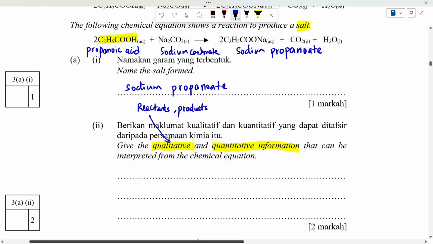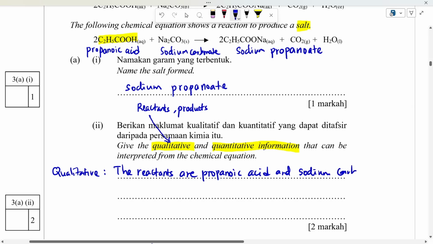So for qualitative, how do we write our answer? The reactants are propanoic acid and sodium carbonate. So these are the reactants, right?